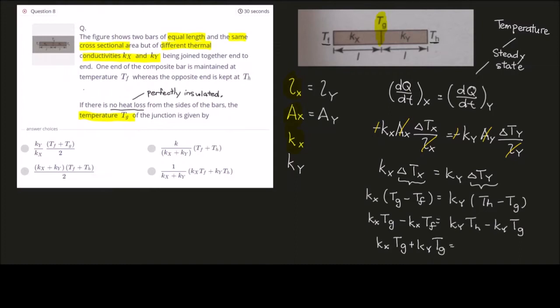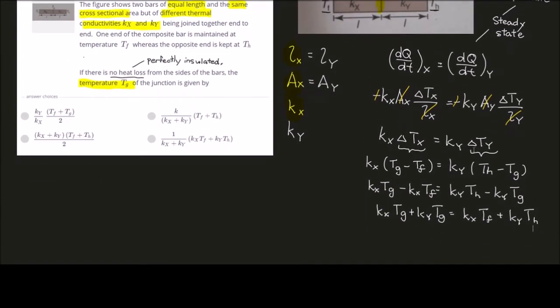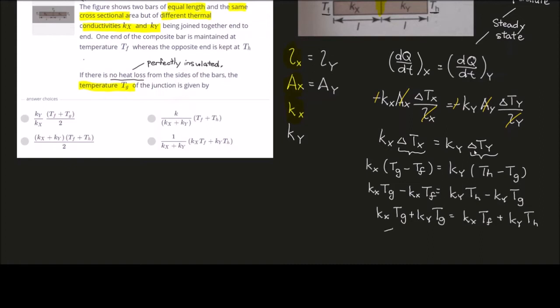Then you bring the other stuff to the other side, so you have Kx Tf plus Ky Th. Now there are two terms with Tg on the left, so you can factorize out Tg. Then there will be Kx plus Ky, and that will be equal to Kx Tf plus Ky Th.